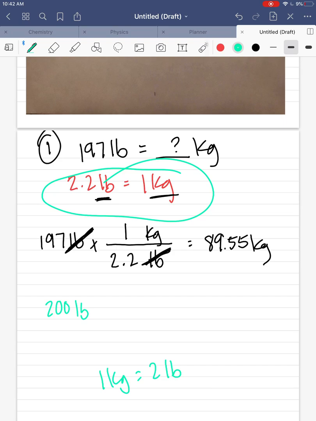When I do problems like this, I try to already have an estimate in my head. Sometimes it's too complicated, but this problem is pretty simple. If you've got 200 pounds and 2 pounds equals 1 kilogram, that should be about 100 kilograms, roundabout.